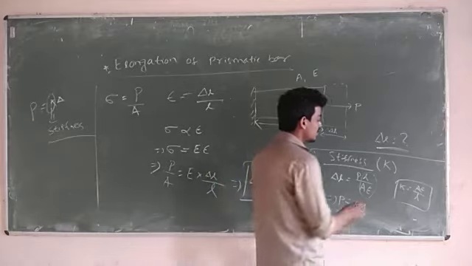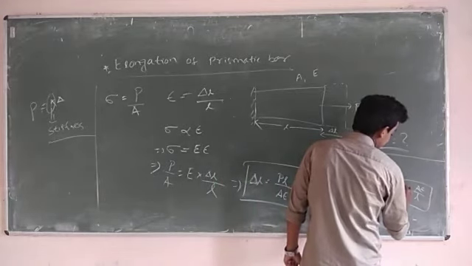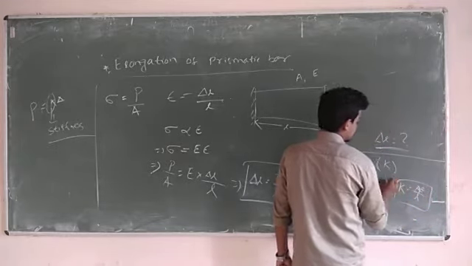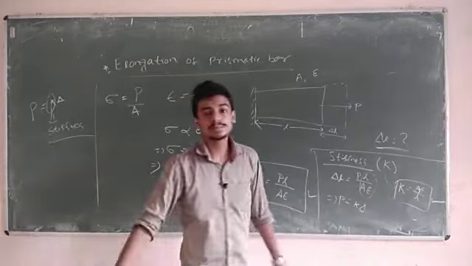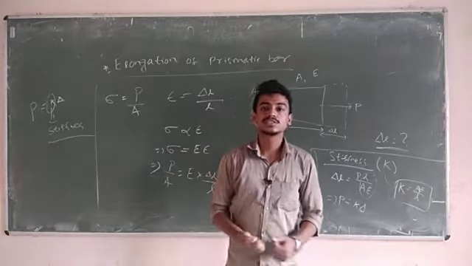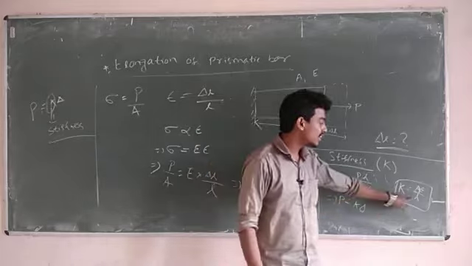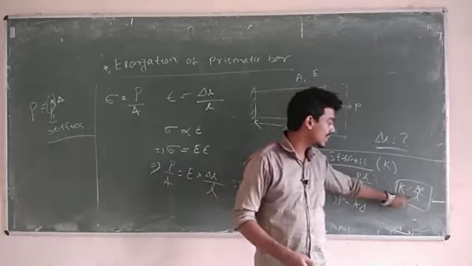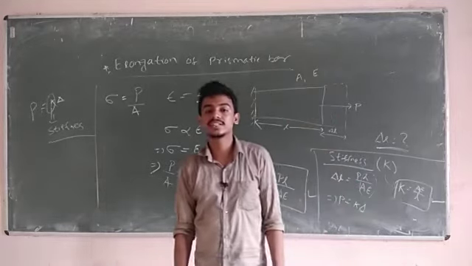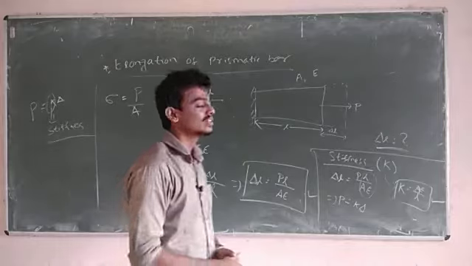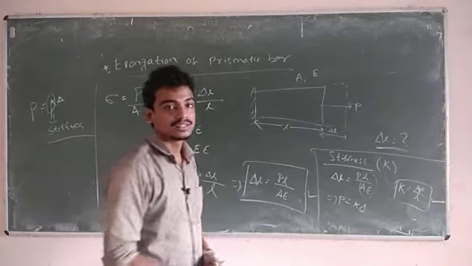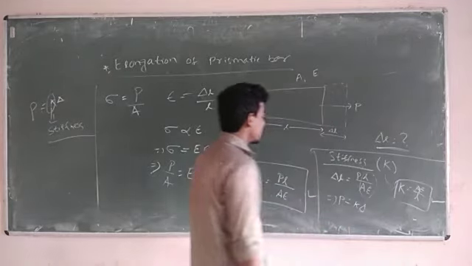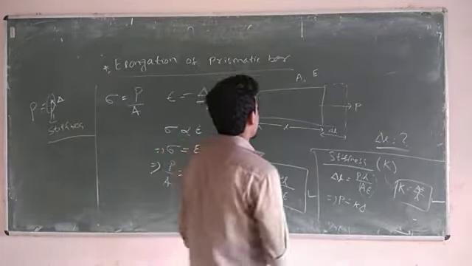So K equal to AE by L is called stiffness. If in some problem you are asked to find the stiffness, you can find it by calculating the area of cross section, length, and modulus of elasticity. These three terms are required for finding the stiffness of that bar. So this is stiffness. Another term is axial rigidity.